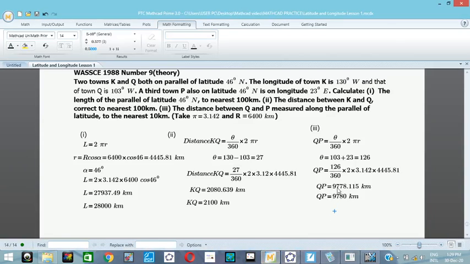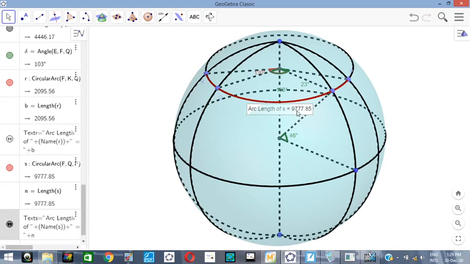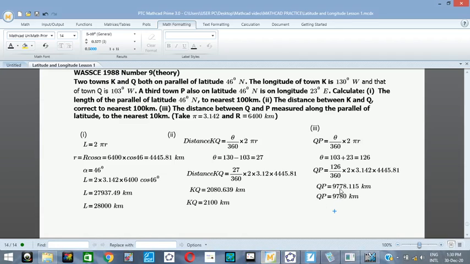I told you we are going to get a similar answer because I've already set my GeoGebra to standard scale so that our answers will look alike. So this is all the question requires from Q to P. You can see the length 9777.85, and from our calculation on paper 9778.115.